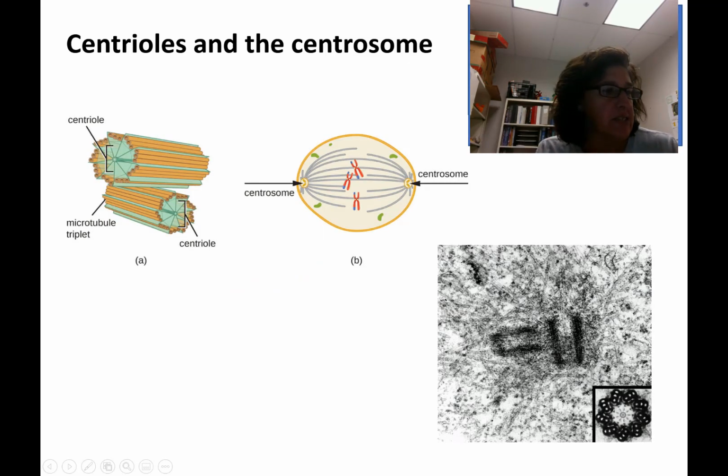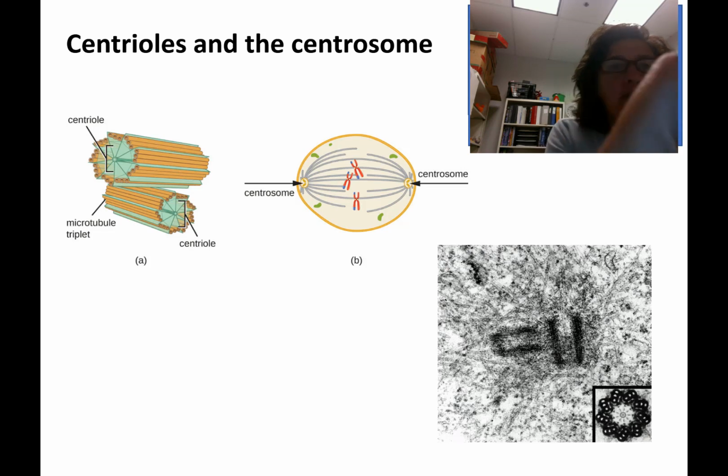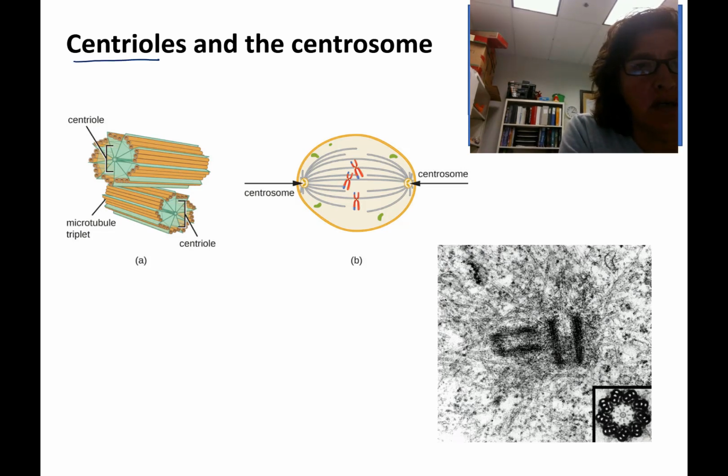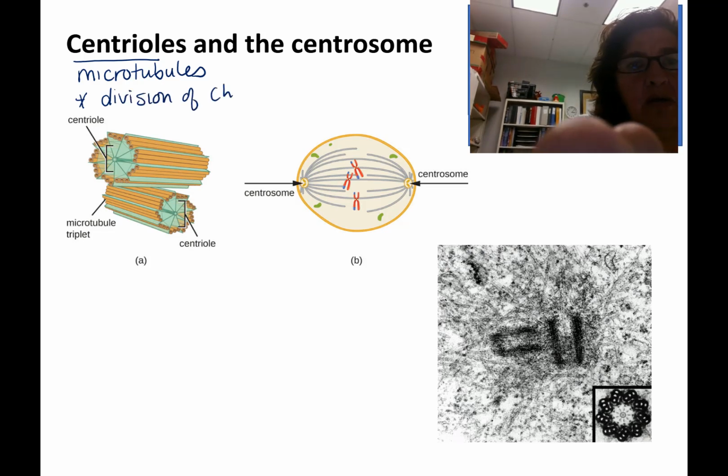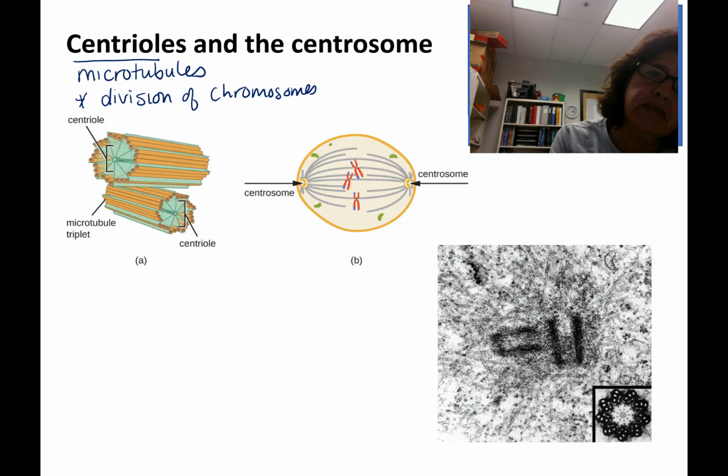Okay, last slide before we stop this lecture, centrioles and the centrosome. So I mentioned that centrioles are made up of microtubules, and these are essential for the division of chromosomes. So a centriole is actually made up of a whole bunch of microtubules.